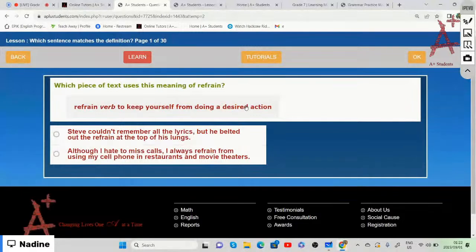It's to keep yourself from doing a desired action. So, is it: Steve couldn't remember all the lyrics, but he belted out the refrain at the top of his lungs? Or: Although I hate to miss calls, I always refrain from using my cell phone in restaurants and movie theaters.